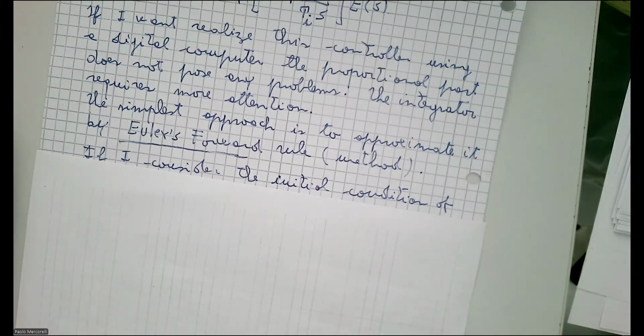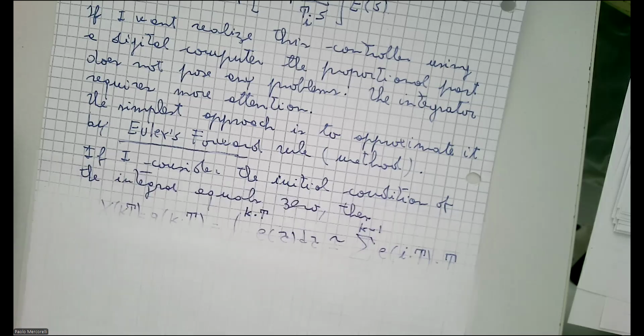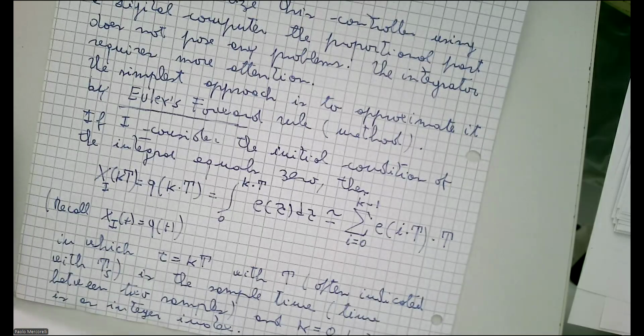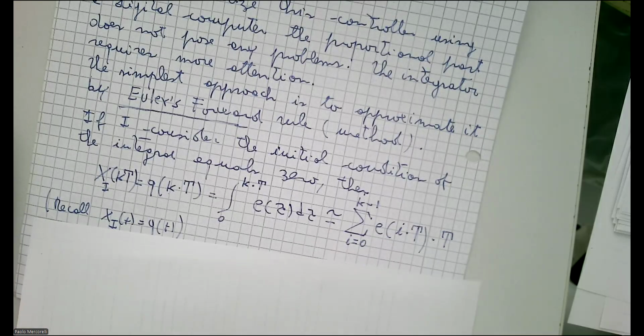But let me apply it now to this PI controller. Look at this. What are the critical elements in any PI controller? Critical in the sense of the most important. I already told you, it is the integral. You remember, for different reasons.